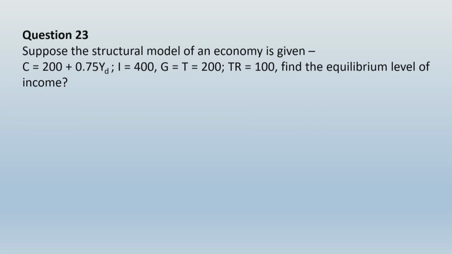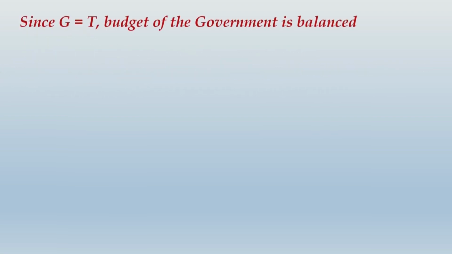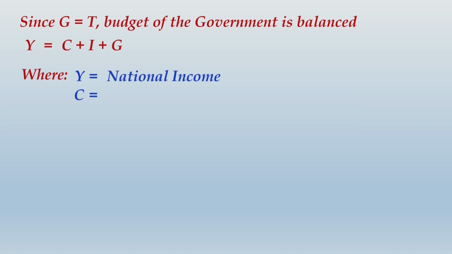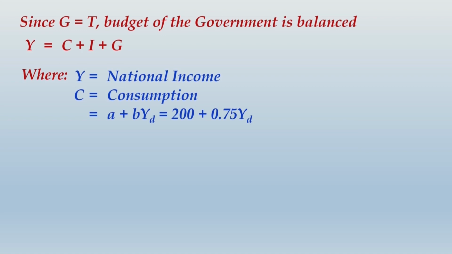Let us check whether your solution went correct or not. So because G equals T, it's a balanced budget, and the equation under 3-sector economy goes as Y equals C plus I plus G. You know it very well. You will define all these variables, and when it comes to C, it will be A plus B into YD.